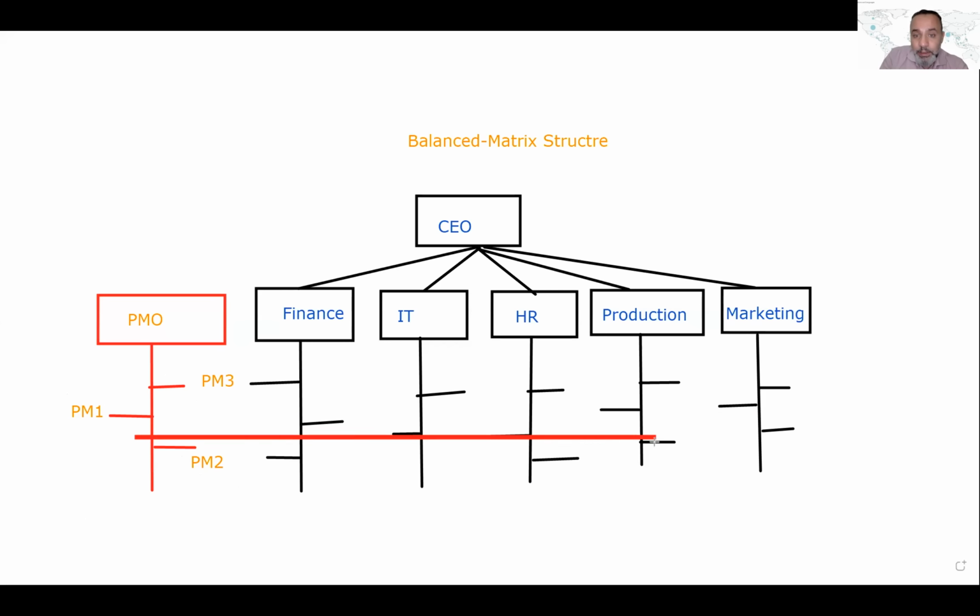So for any project, I'll just assign a project manager over the resources, and they can start managing their projects without being impacted or influenced by any of the other functional managers, because now they operate independently within their own department, right? What do we call this structure?